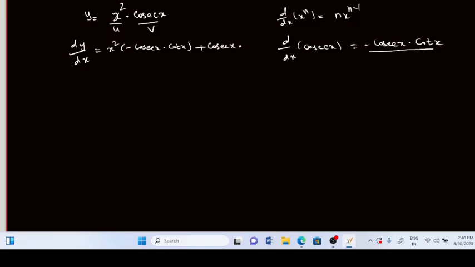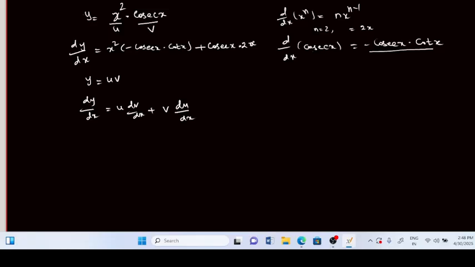Then differentiation of x square, if we substitute n equal to 2 here, we get 2 times x. So remember the product rule: y is u into v, dy by dx can be written as u into dv by dx plus v into du by dx.